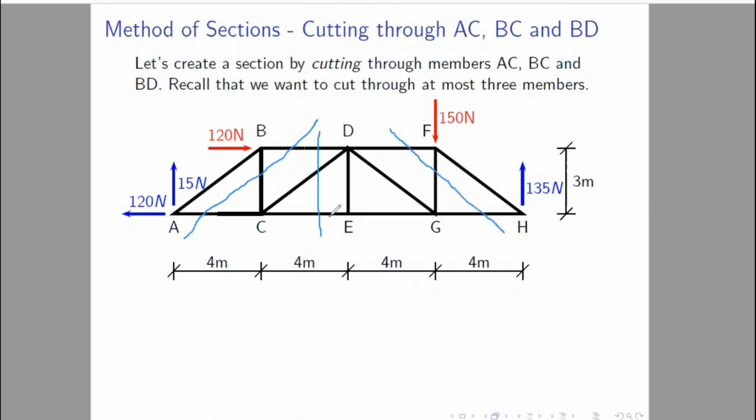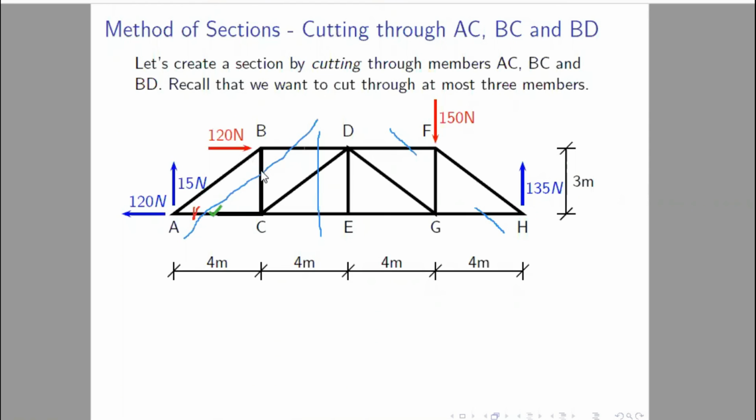So you can see from there that while we have taken this section, let's change the color. Now after analyzing this section, the value of this member force is known, because we have analyzed this.